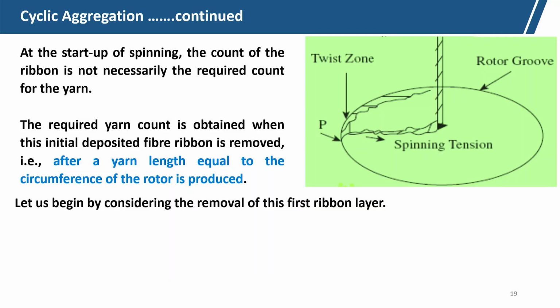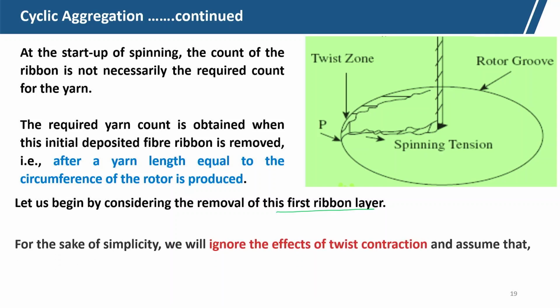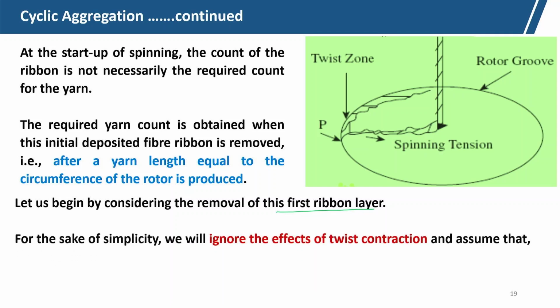Let us begin by considering removal of the first ribbon layer. For the sake of simplicity, we will ignore the effect of twist contraction.